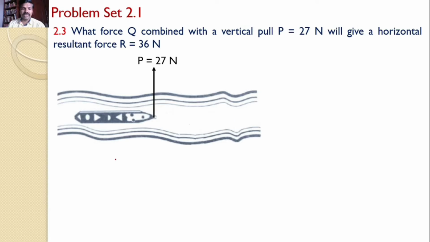We also know that the boat is moving in horizontal direction. That means the resultant force is 36 newtons and it is horizontal.